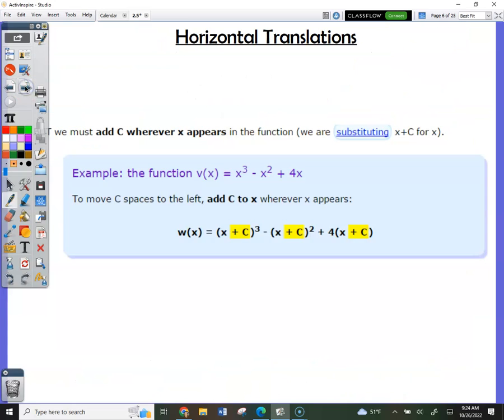This slide right here is saying, what if I give you an actual function and then I tell you to shift it even more? What if I give you one that's already tweaked and then I say, shift it some more? Then you would just go wherever there's an X and put that shift.